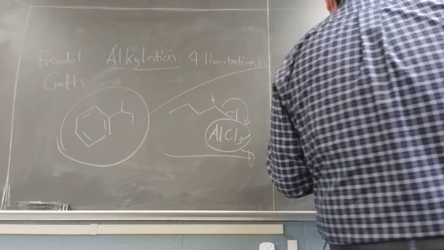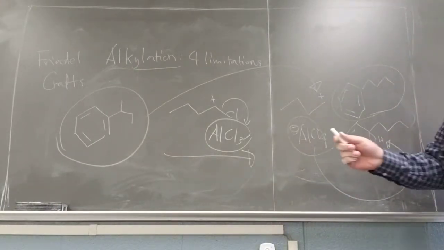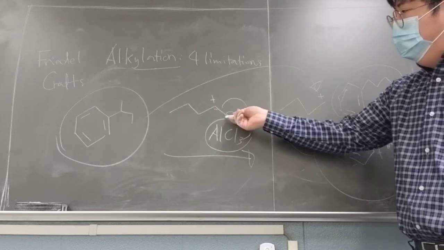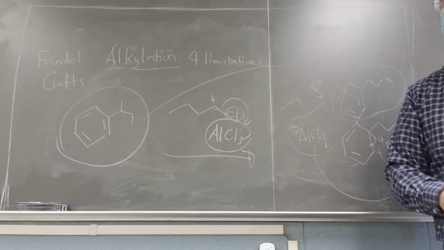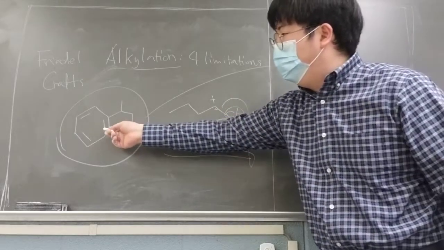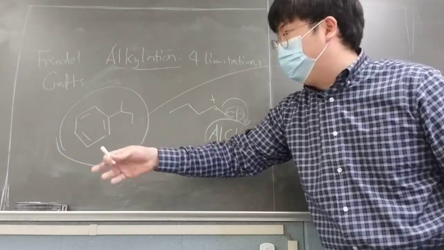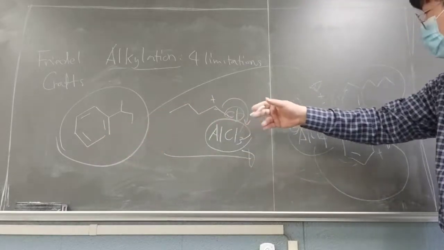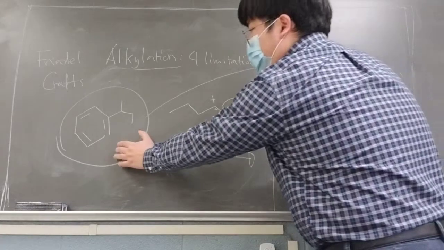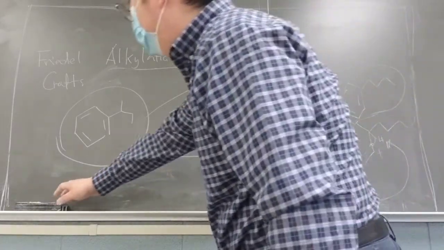And so technically speaking, you need to have the carbocation in this position when this chlorine is taken up by the catalyst. So this is the position, the carbon that has to be attacked by one of the pi electrons in the aromatic compound. But you get this one, but a lot more of this one because of this.